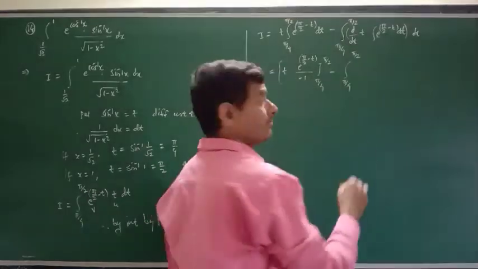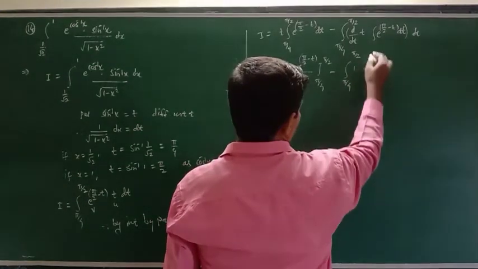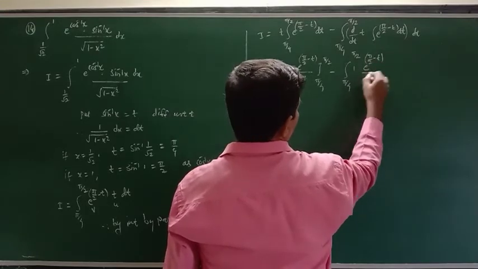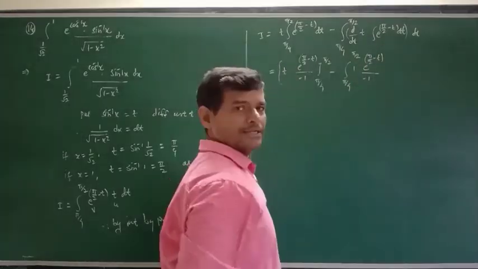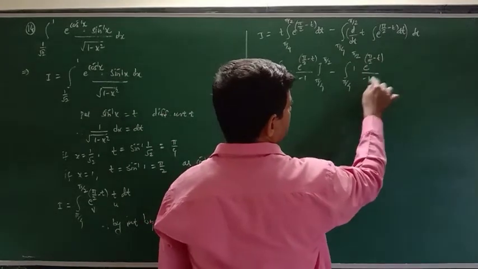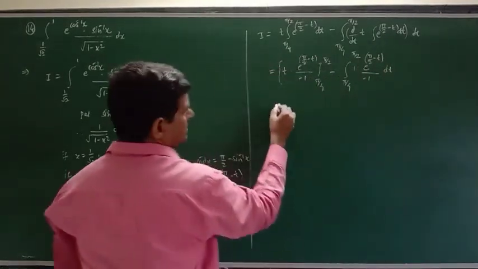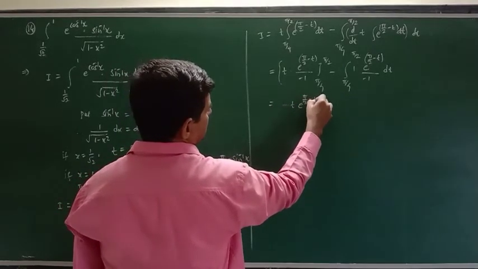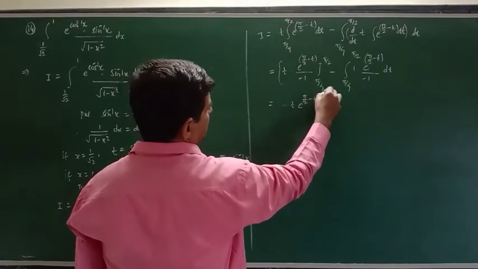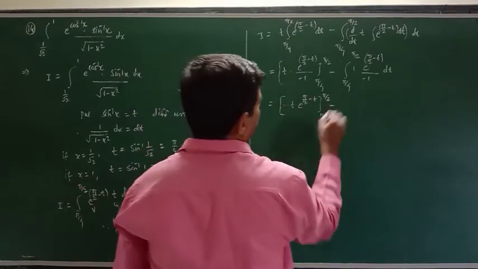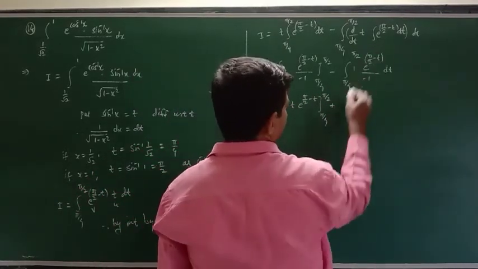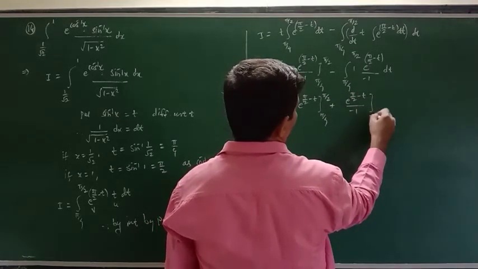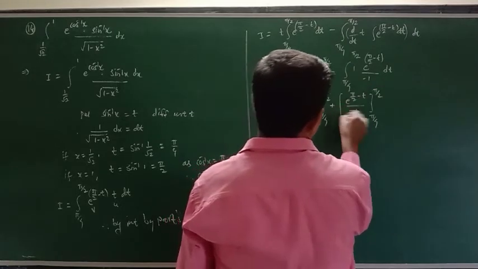What is the derivative of t with respect to t? It is 1, and the integration of e raised to pi by 2 minus t is e raised to pi by 2 minus t, with the coefficient of t, minus 1, divided, and integration dt. So minus t, pi by 4 to pi by 2, minus minus plus, and its integration is e raised to pi by 2 minus t upon minus 1, pi by 4 to pi by 2.